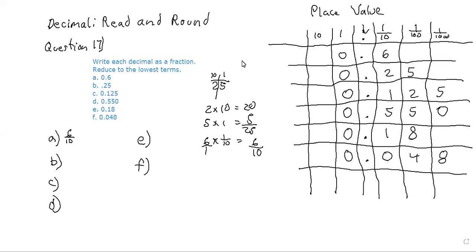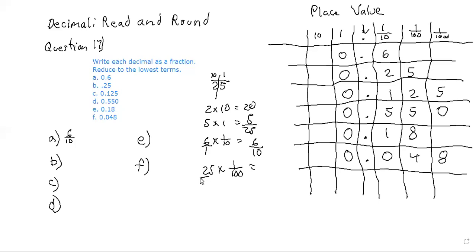So for B, we have 0.25, and you see it's written here, 0.25, in the place value table on the right. We go according to the last digit in the number. The last digit in 0.25 is 5. We look at the place value for that last digit, it's hundredths, and we do the same thing. So it's going to be 25, because we have the digits 2 and 5 there, and the place value for the 5 is hundredths, so 25 times 1/100.